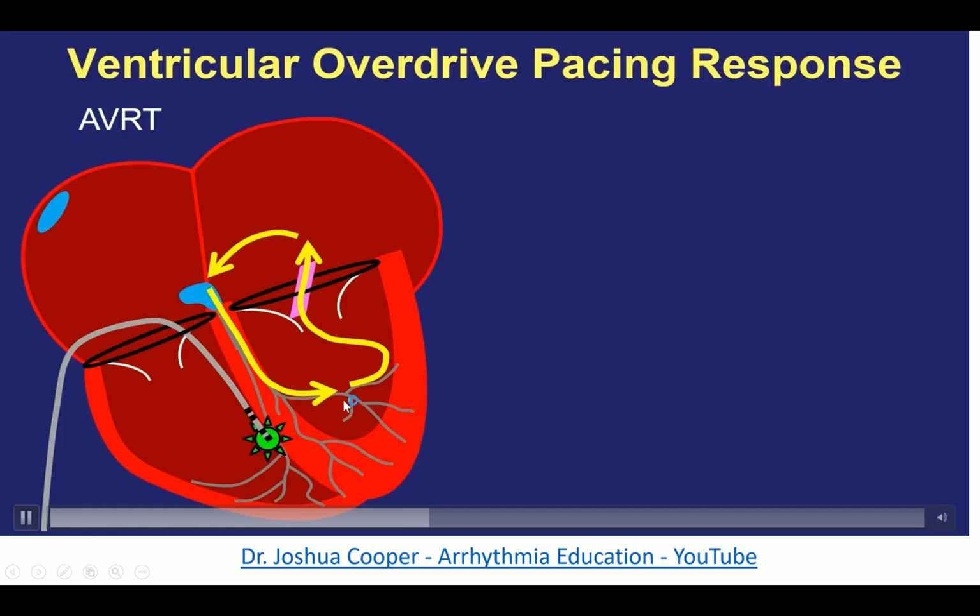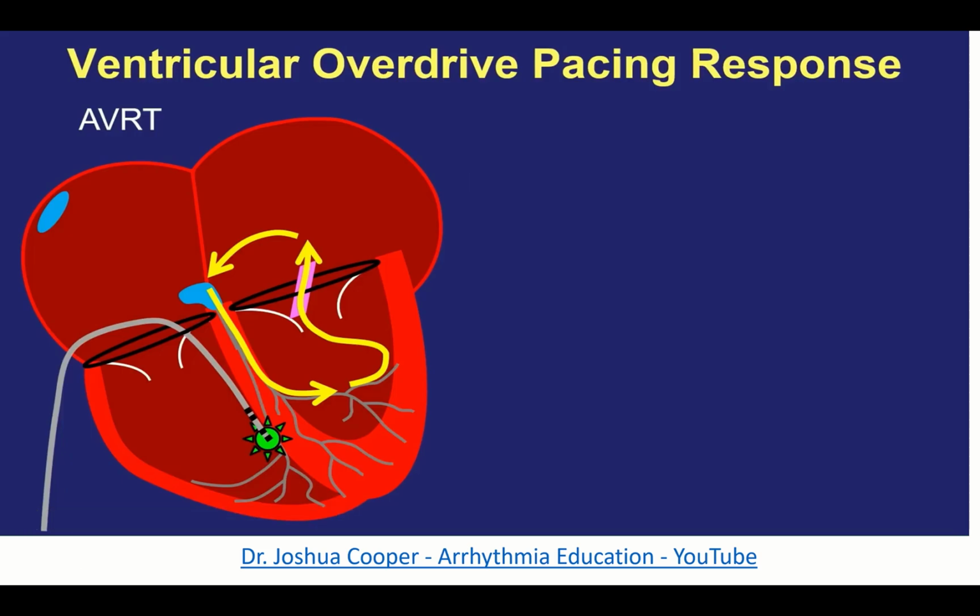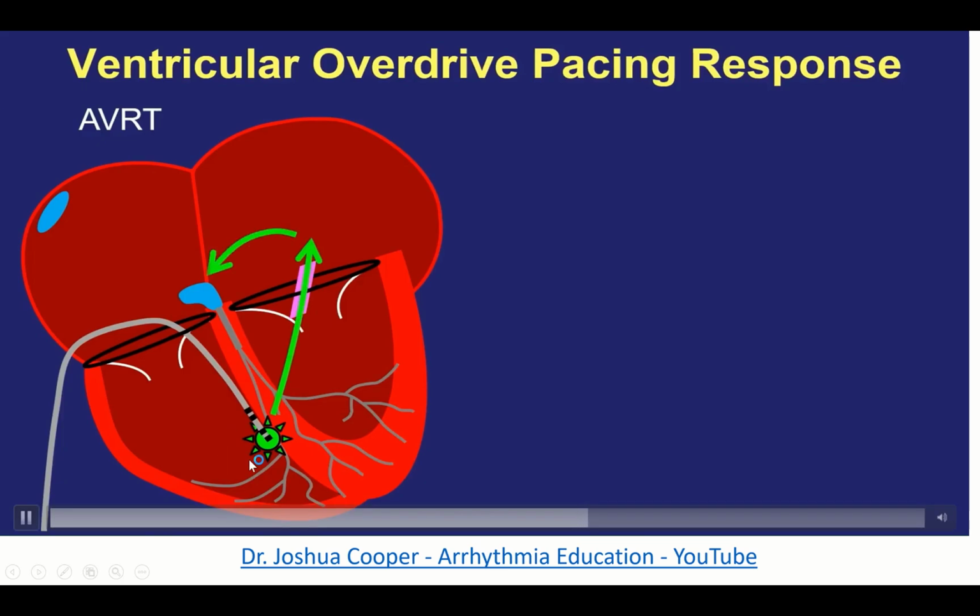So this is V and this is A, and the retrograde conduction is via the accessory pathway. Let's keep ventricular pacing and see what happens for the last ventricular paced beat. This is the last ventricular V, retrograde conduction to the atrium, and this is the last atrial accelerated beat.